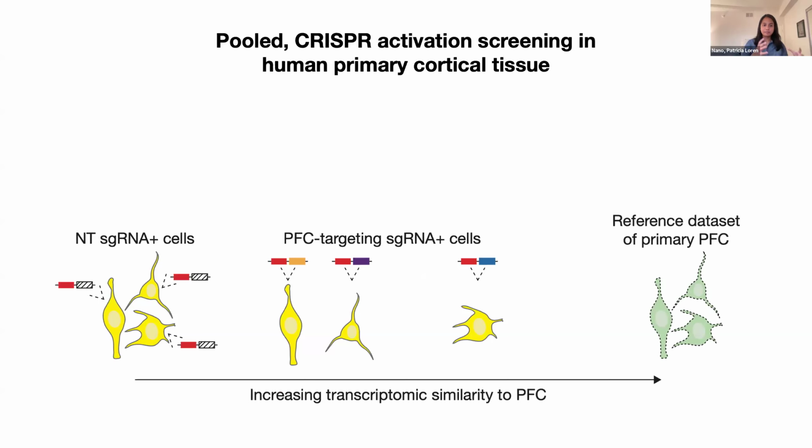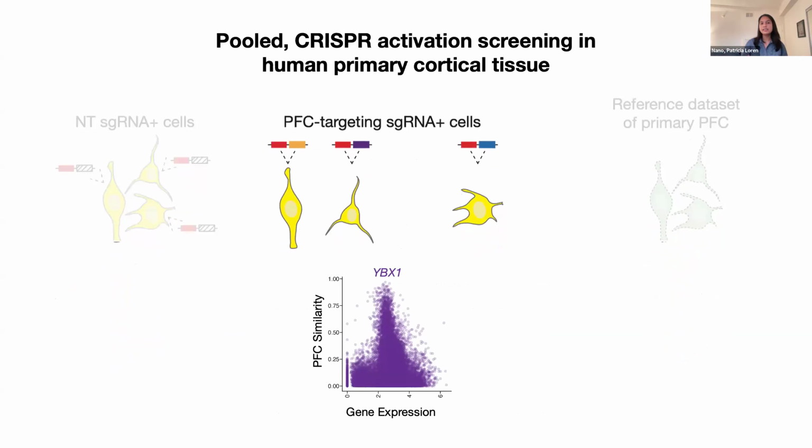And so by taking these perturbed cells and then mapping their transcriptome to our reference, we're able to find several interesting hits, including this transcription factor called YBX1, where you can see that with, to an extent, increasing levels of YBX1, we see a similarity to this reference PFC, but too much YBX1 actually decreases the similarity to the PFC in a sort of witch hat fashion.